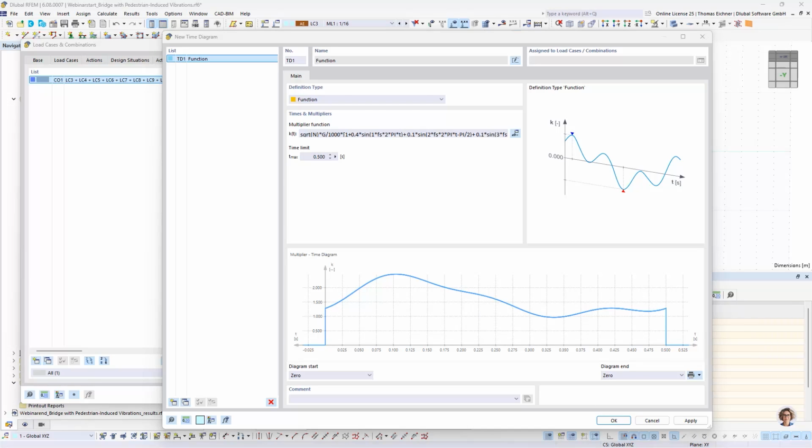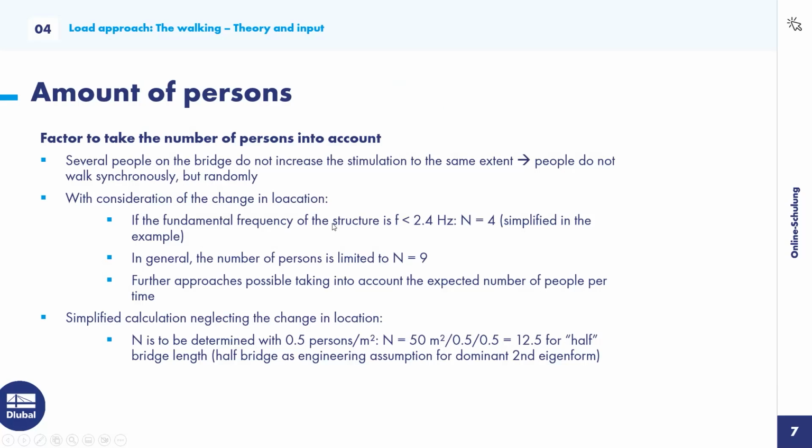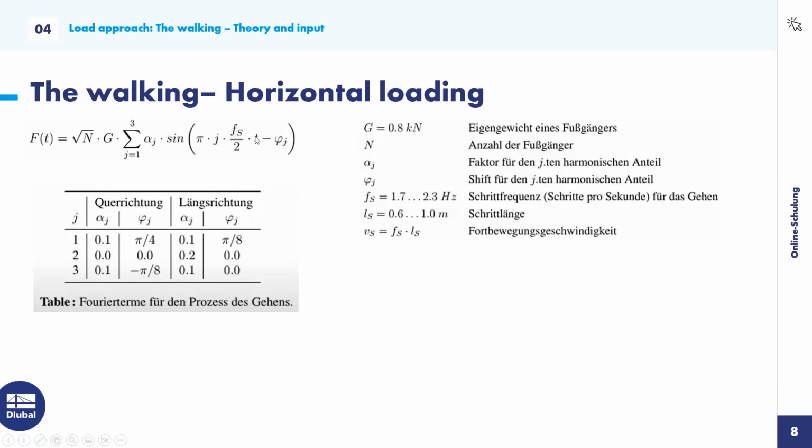Now let's look into our walking theory again. Just as a hint, there's multiple functions for that available. Also for horizontal loading, where just like the influence is quite lower, and also the frequencies are kind of split by half for it.